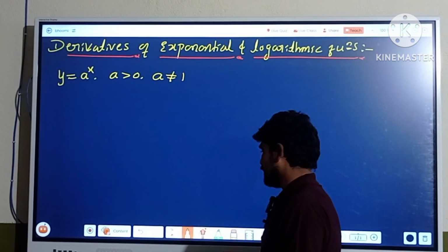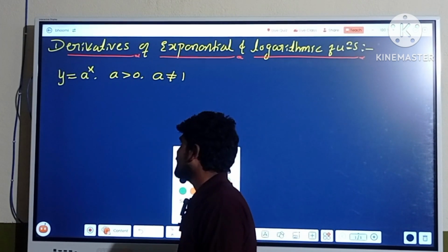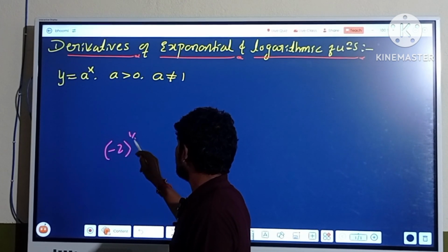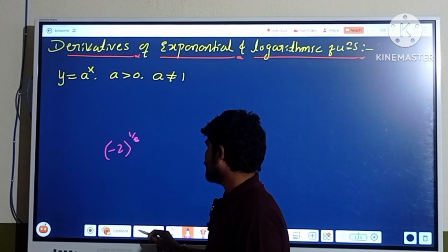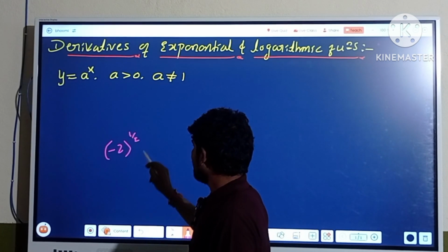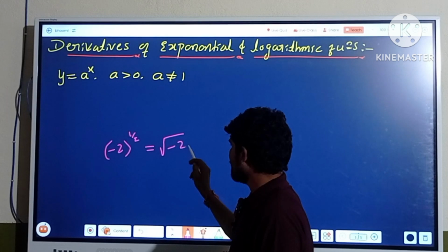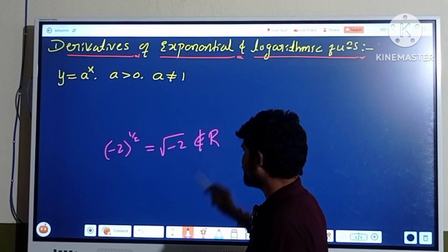Why? Because if I consider a negative number as the base, say minus 2 power 1 by 2, here the base is minus 2 and the exponent is 1 by 2. We know that minus 2 power 1 by 2 is the square root of minus 2, which does not belong to the real numbers.